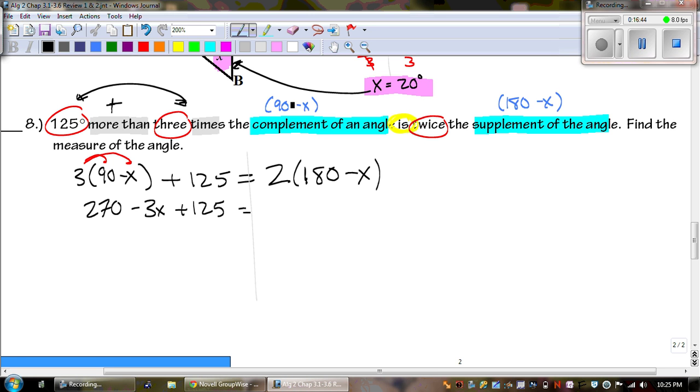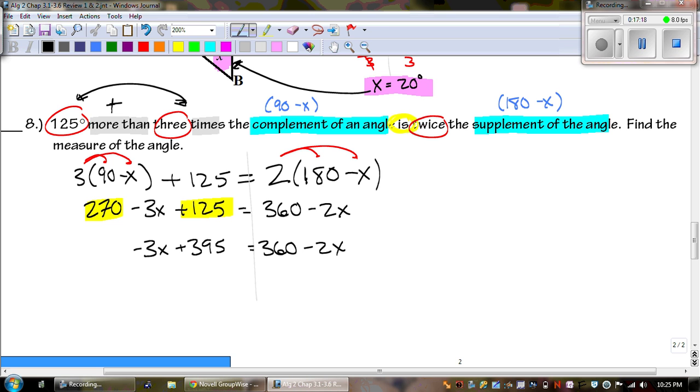Now, on the right-hand side, once again, we have to distribute. 2 times 180 is 360, and 2 times x is 2x. Okay, next step is to combine our like terms. 270 plus 125 is a positive 395, and that equals 360 minus 2x.